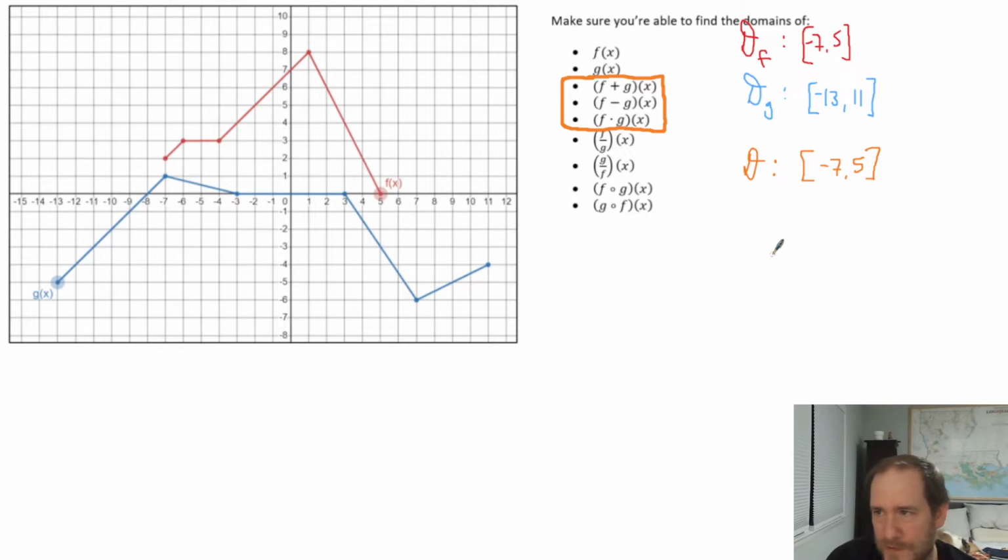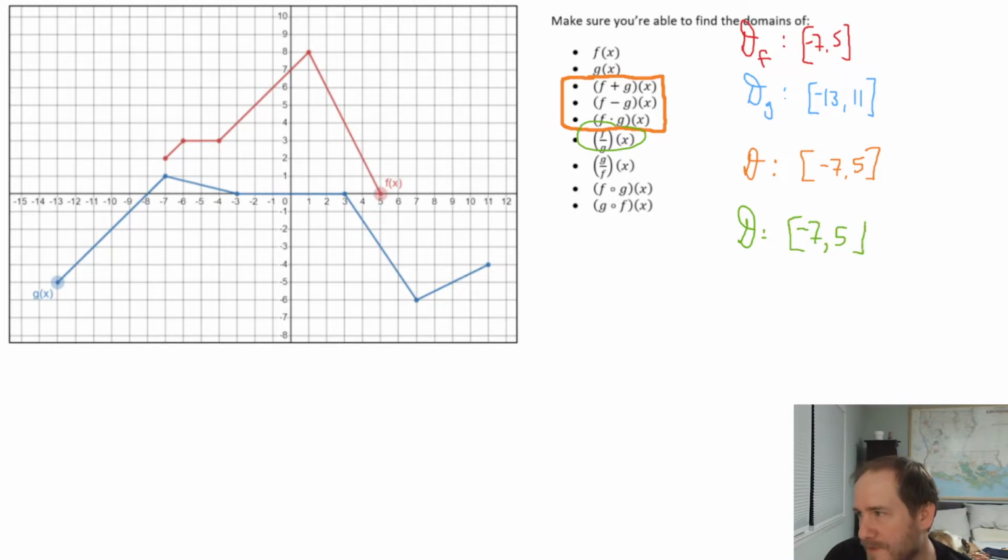And that was on purpose for this one. Alright, now we've got a quotient function, which means my domain should be the intersection of the 2 domains, which we said in this case is just the domain of f, so -7 to 5.